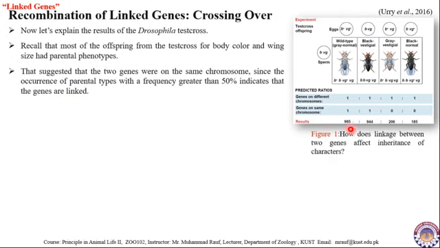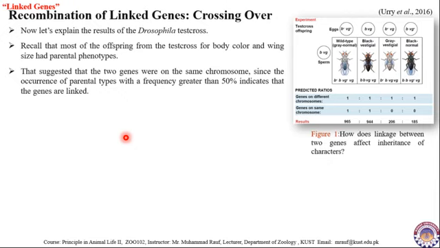So their frequency is greater than 50%. If you sum up the number of the F2 offspring, it is equal to 2300, and about 1900 of them are parental types, and some of them have new allele combinations.